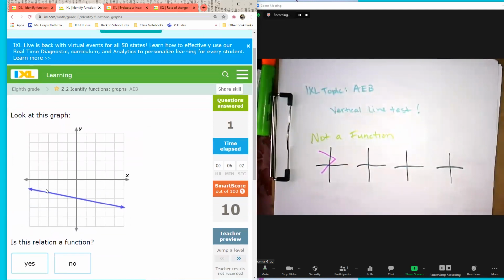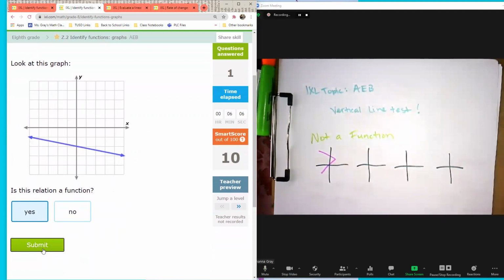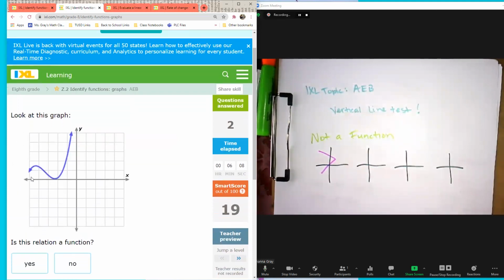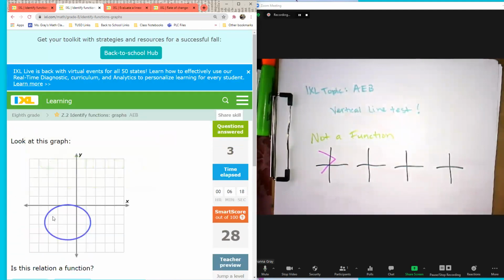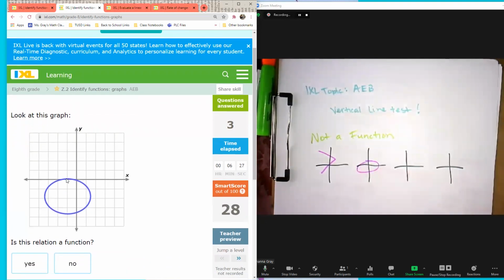Straight lines, no place I can put a vertical line where it crosses more than one, so this is a function. This one curves, but there's no place on here where if I put a vertical line, it would cross it twice. It doesn't fold over onto itself, so it is a function. But this one is not. Any kind of circular or oval shape is going to be a no, because it's definitely going to cross back onto itself.